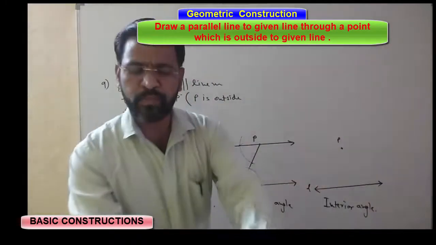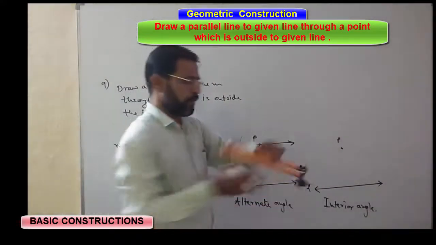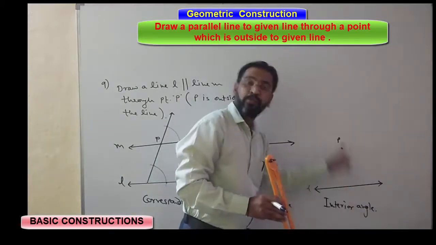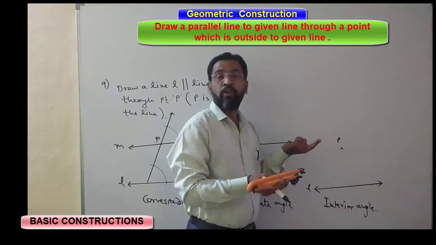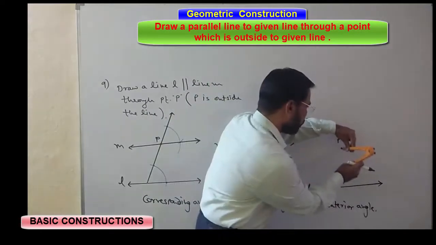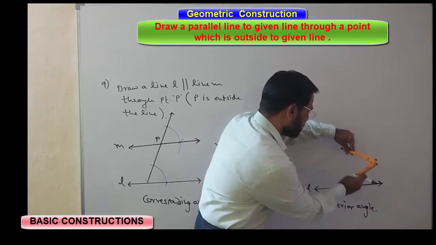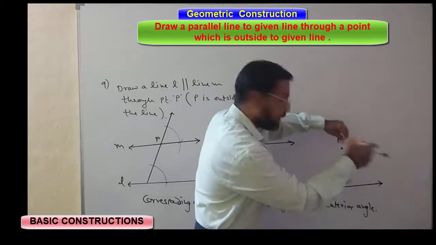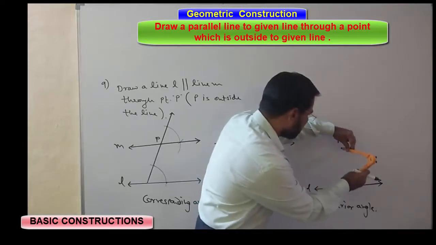Now just try to observe what I am going to make here. First, I am going to draw one perpendicular line to this line through point P, as we already know. See here, put the point of the compass on P, take a distance in the compass, and that distance should intersect the given line in two distinct points.